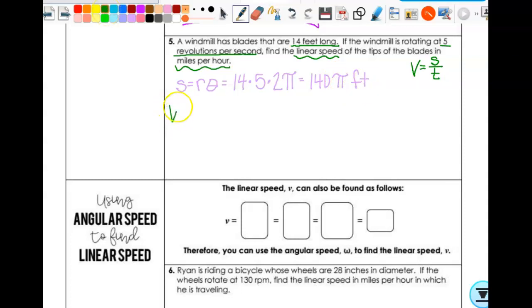So I'm going to put it back in here. Velocity is equal to that 140 pi feet over 1 what? Second, because it comes from that revolutions per second. Right. So you go ahead and fill out the conversions for that.